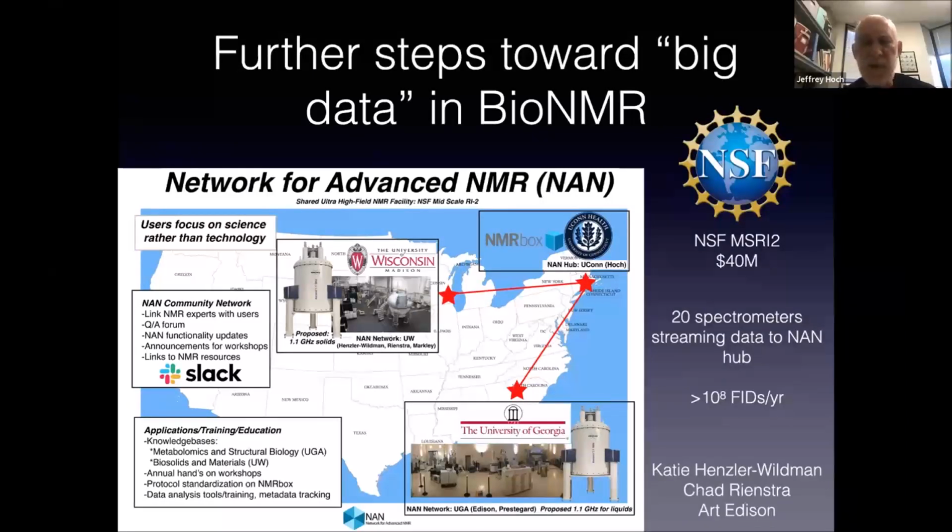We'll be providing knowledge bases with help for standardized pulse sequences and protocols for sample preparation and analysis workflows. And again, the co-PIs on that are Katie Hensler-Wildman and Chad Rienstra from the University of Wisconsin, and Art Edison from the University of Georgia.